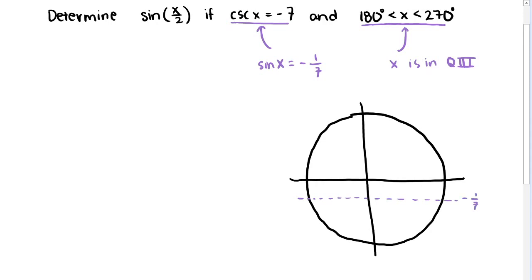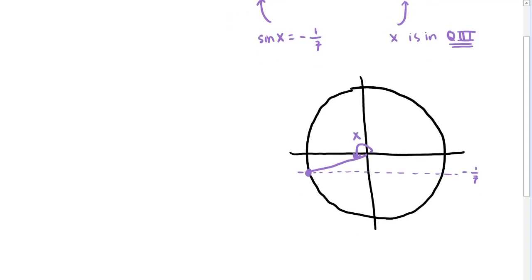And we're saying that our angle x is in quadrant 3. So here, this is our angle x. And we're saying that the point on this unit circle corresponding to an angle of x, well, we know that's -1 over 7, but we don't know the x-coordinate, or the first coordinate of that point. And so how could we find it?